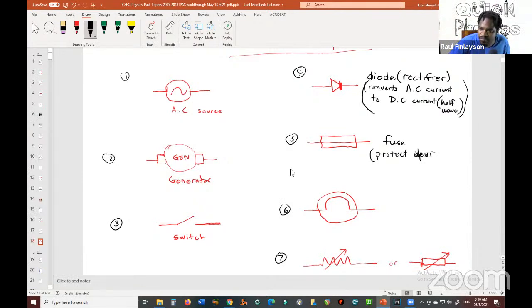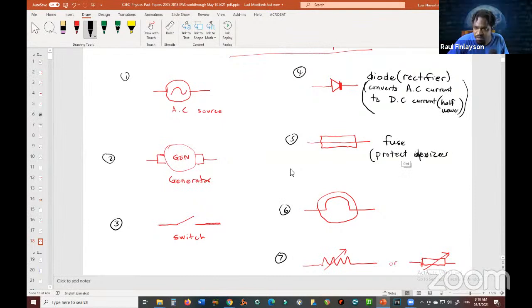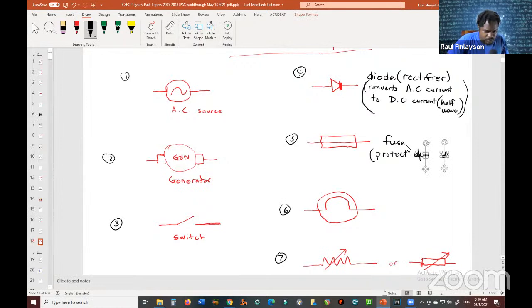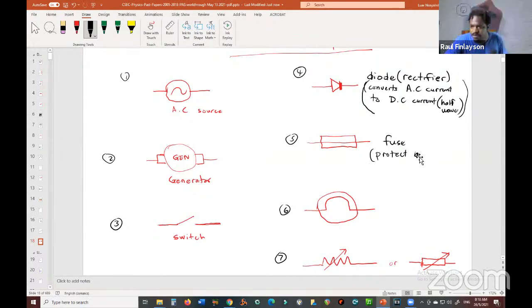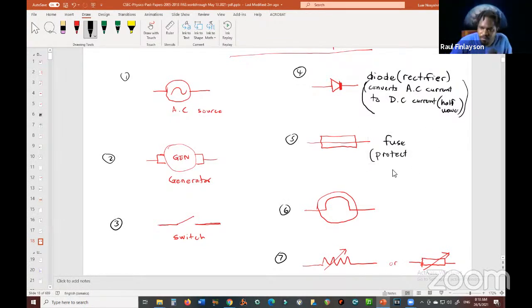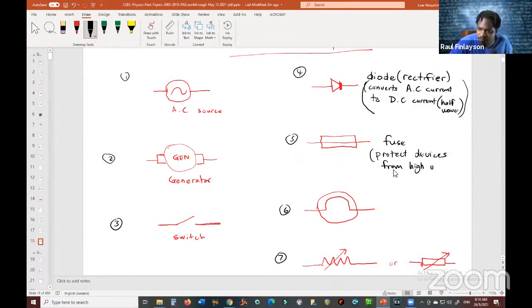And it protects devices from high voltage. All right. So that's what the fuse does.